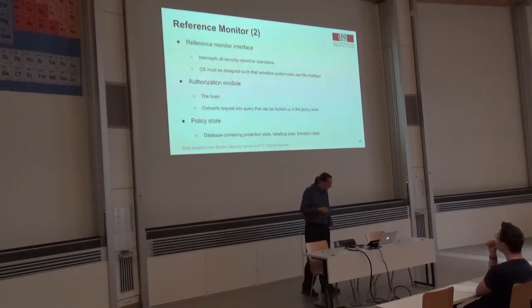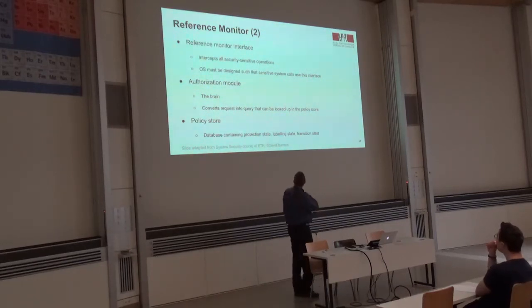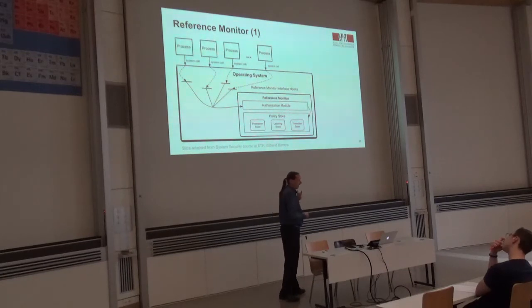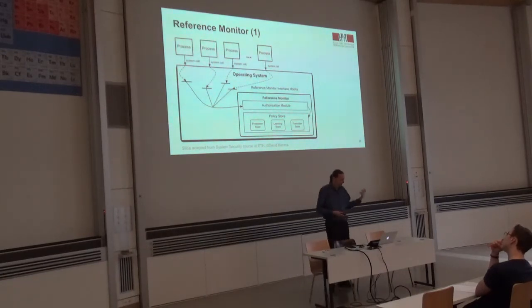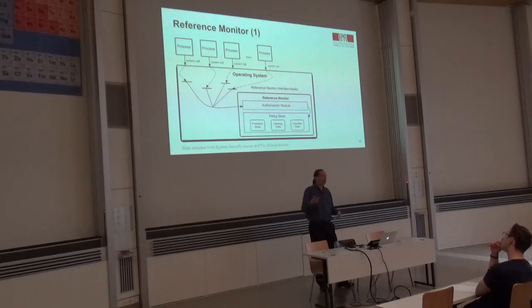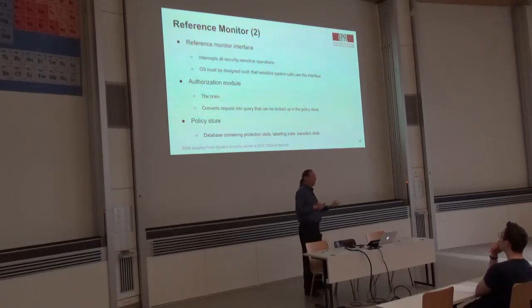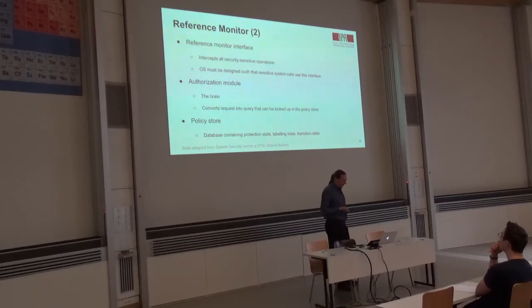So basically the kernel is using the reference monitor to make access control decisions at all of these sensitive points, such as system calls. And then the reference monitor is supposed to be the centralized decision-making brain deciding whether any given access is allowed or not.